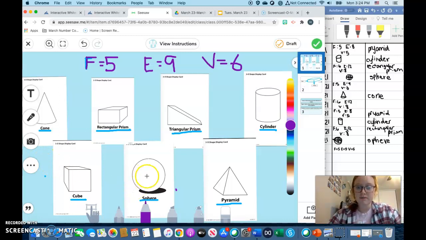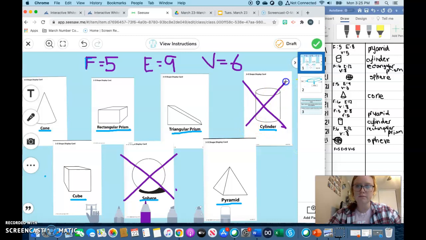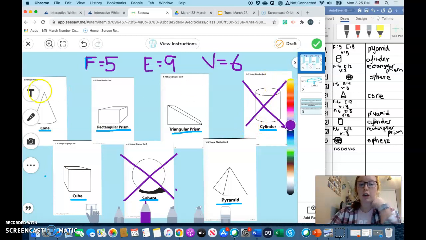On our sphere, we don't really have faces because it doesn't have edges or vertices, so it can't be our sphere. I also noticed on our cylinder, we do have faces, a face here and a face down there, but we don't have any edges or any vertices, any corners. So it's not our cylinder. I also know that our cone has only one vertex point, which we learned about earlier on. So it's not our cone.